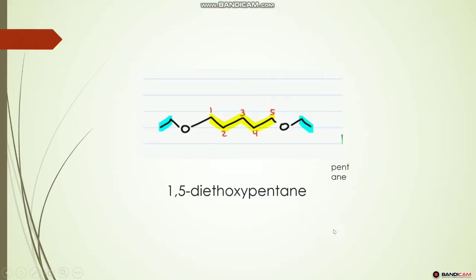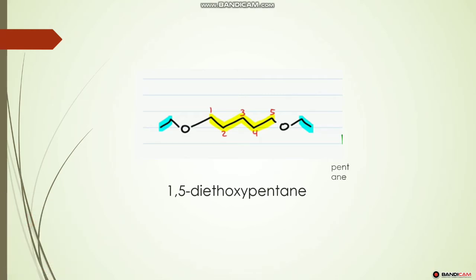So let's try to name this structure. Again, it has the longest parent chain, which has 1, 2, 3, 4, 5 carbons. Since it has 5 carbons, the first name is pent.